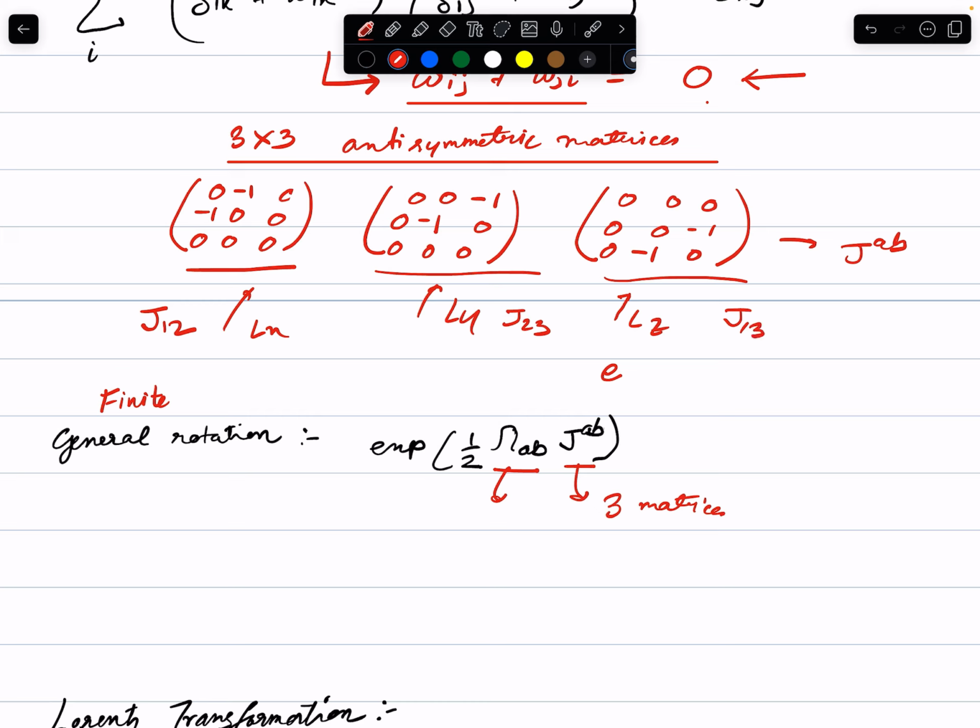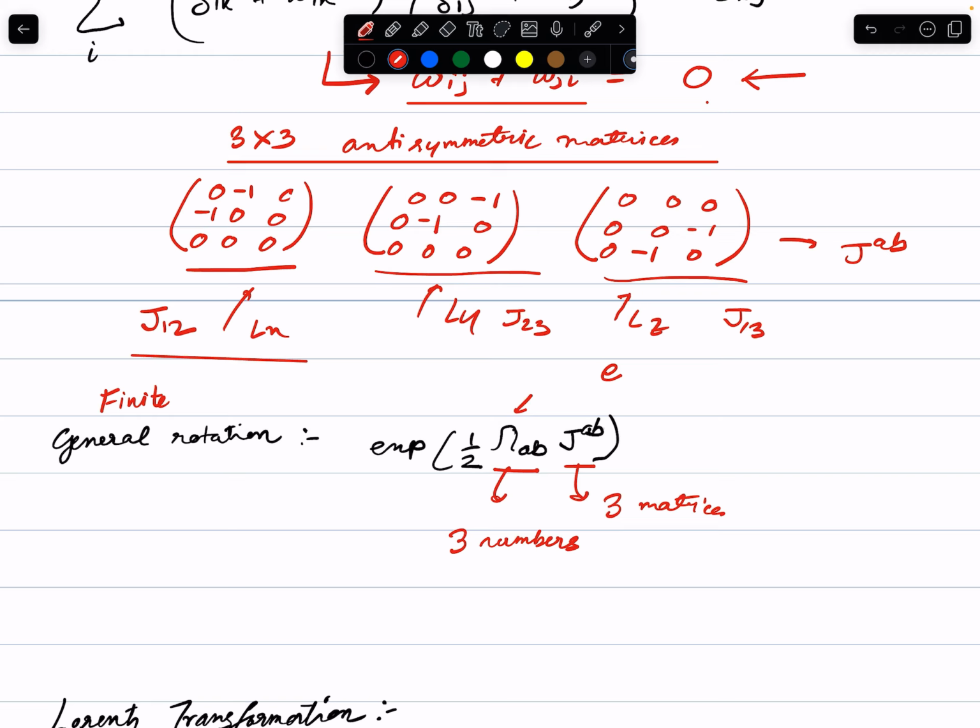These are the 3 JAB matrices, and lambda AB are 3 numbers telling me how much I am rotating by. If I want 30 degrees along the z axis, I will give some specific numbers and get a specific rotation. Then JAB will be the rotation in the 1-2 plane, meaning the xy plane. So I am rotating in the xy plane, and these numbers will specify my 30 degree angle.